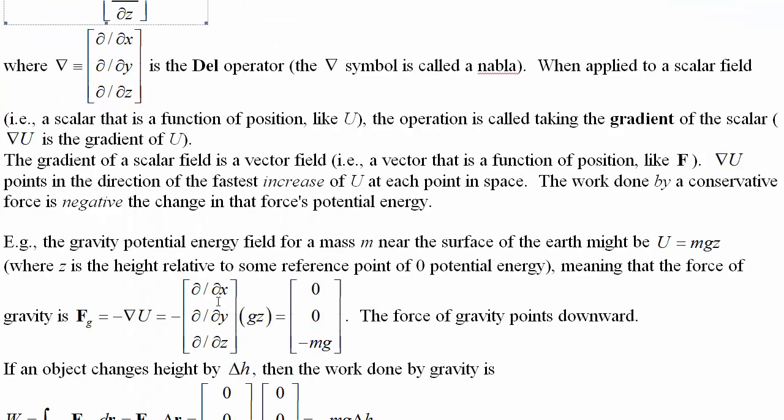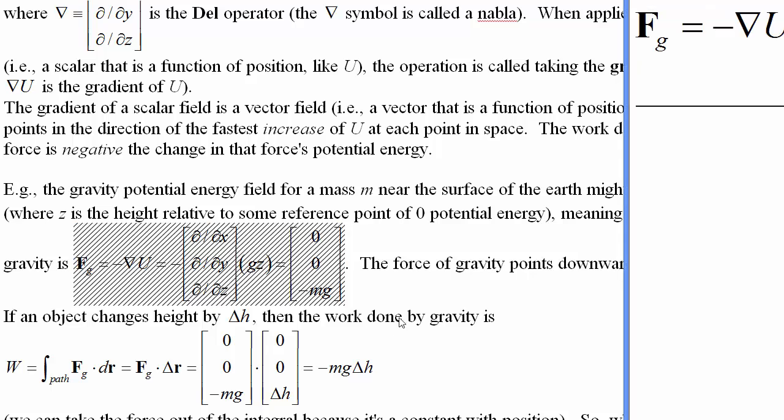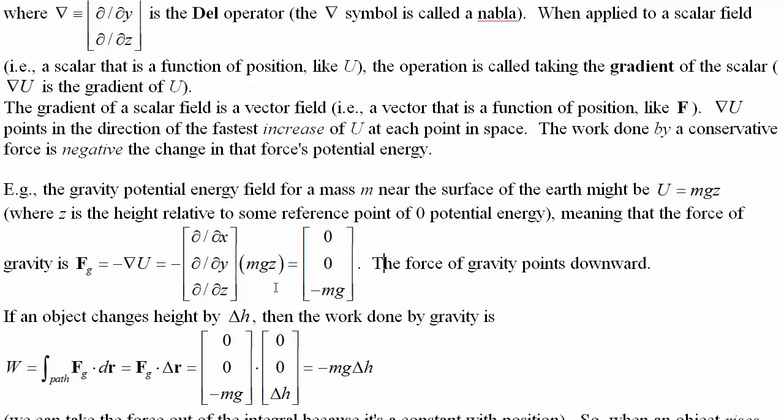Let's look at an example here. The gravity potential energy function is, actually, correction to that, it's mgz, as you know from earlier, where z is the height. If we take the partial derivative of mgz with respect to x, first component, we get 0.